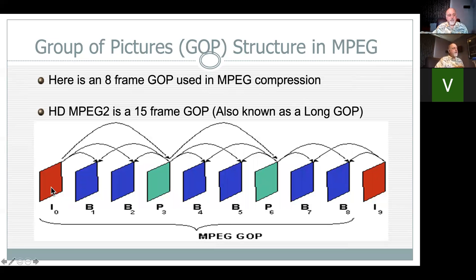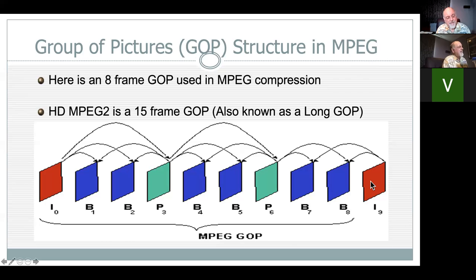Everywhere you see an iframe, and this is what's important about iframe compression, that's an actual piece of video that's been captured. This is right off the sensor. Every other frame in this string of frames is math-based, some more than others. The P frames and the B frames are calculated from the iframes, and you record a brand new fresh iframe every 8 frames.